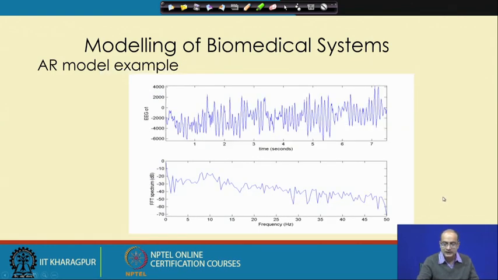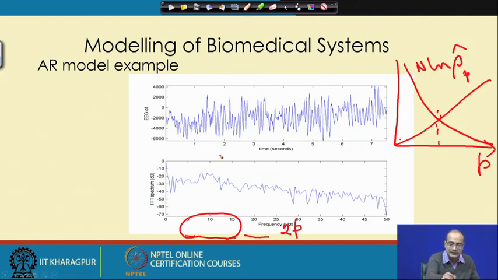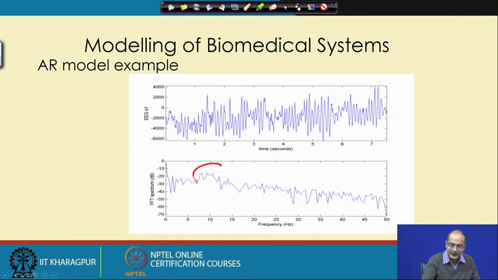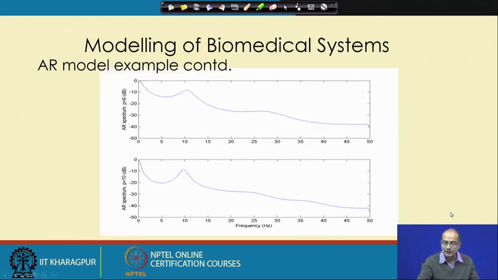In the FFT-based spectrum, we also get accumulation at this place, but the peak is not clear. There are multiple peaks, which makes it difficult to find the location of the peak, whereas the AR model makes it very clear.